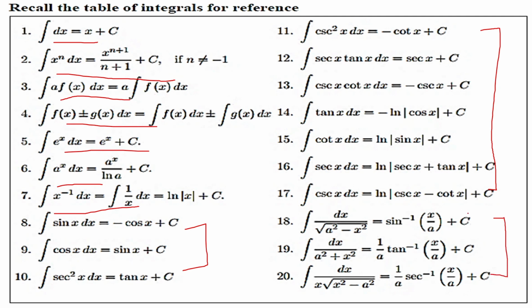This is just additional, the table of integrals, but then again, we already discussed the 1 to 17. This is just written in our module. All the topics, all the contents that are written in the PowerPoint, it's in the module.